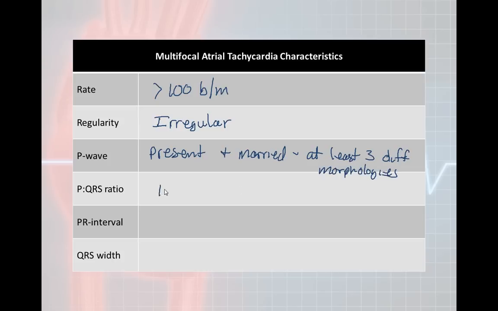The P to QRS ratio is going to be 1 to 1, and married. The PR interval, normally it's going to be normal. Typically it's normal. But it could be varied, somewhere within that 0.12 to 0.20 second. The QRS width, once again, this is not a ventricular problem, it is an atrial problem, so the QRS could be normal or wide.